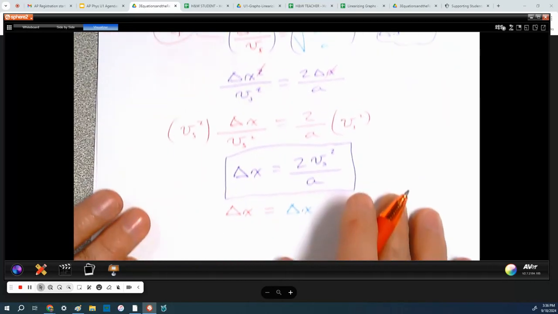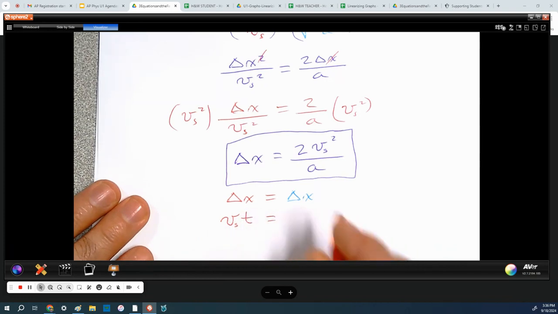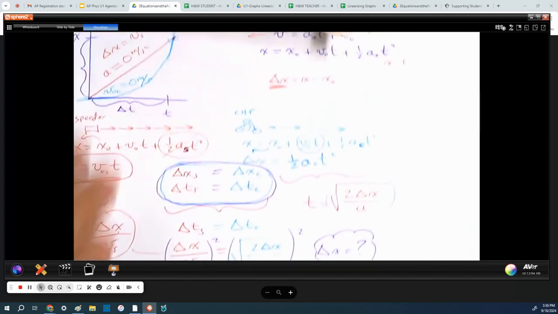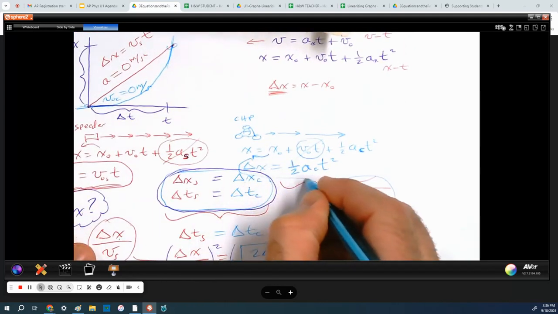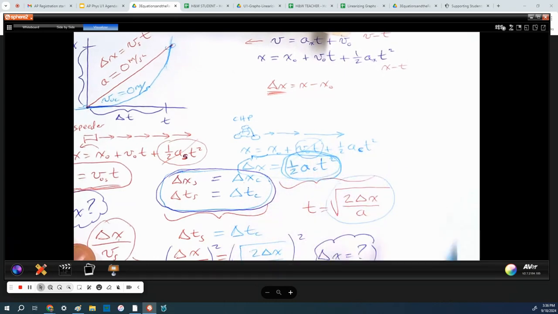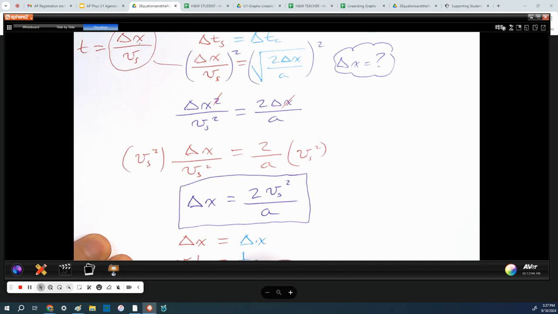So I come down here and I say delta x is v of the speeder times t, equal to, what's the delta x of the CHP? So look over here. The delta x of the CHP is just 1/2 a t squared. Pretty easy. 1/2 a t squared.